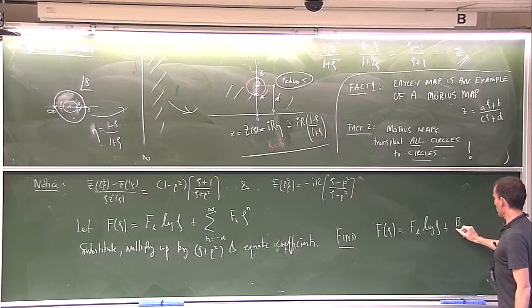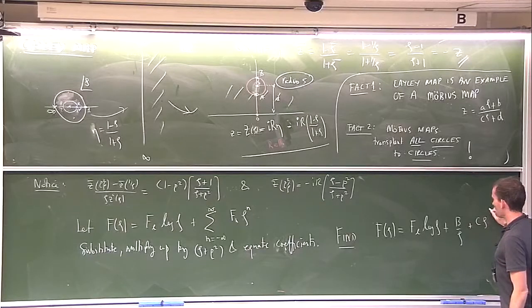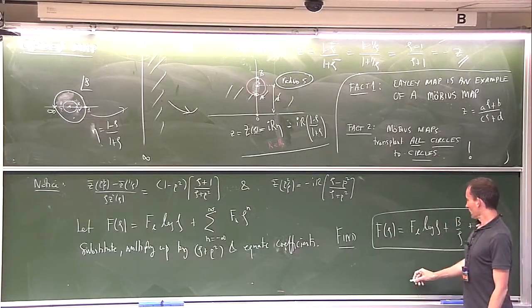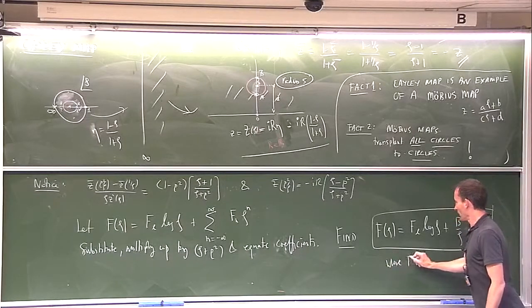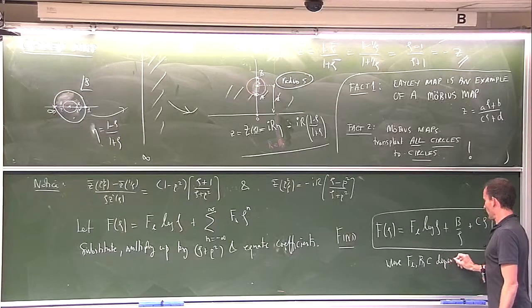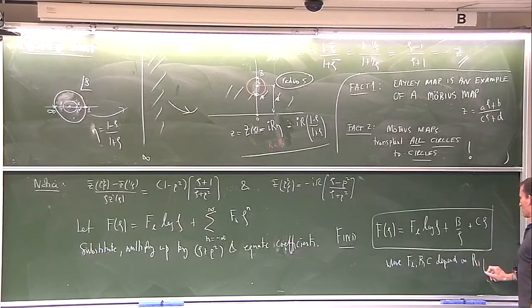They're not difficult, but you have to get all the details right. Basically, you find that f has this form, where FL, B, C depend on R, rho, U, omega.